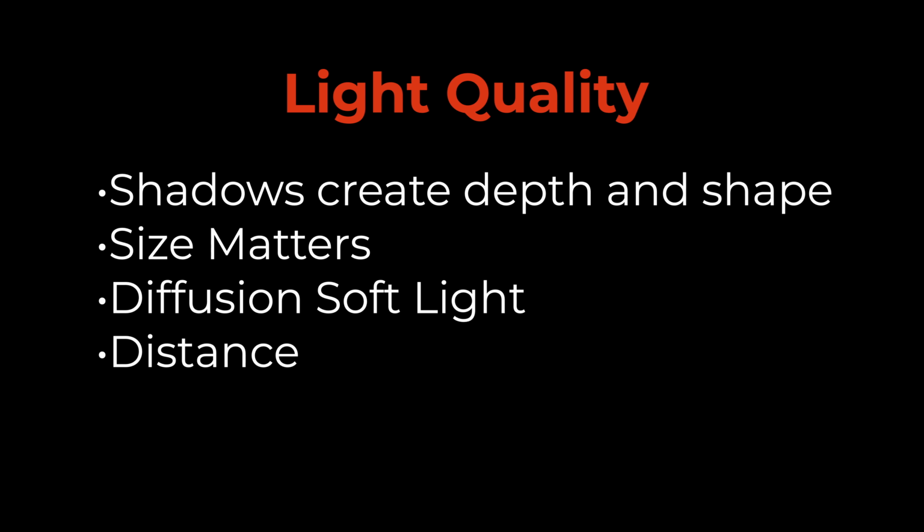So it all has to work together, the distance and the diffusion, in order for you to get soft light. We also said, what was the secret formula? A 30-inch plus diffuser at 3 feet away from your subject is going to give you that magic light that's going to make your portraits come alive.